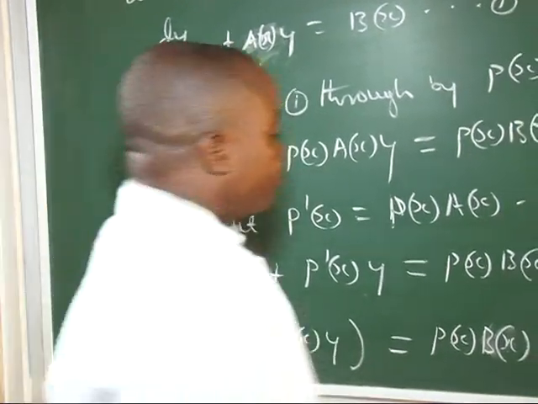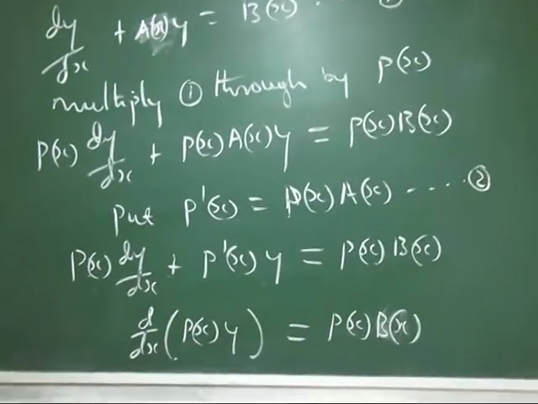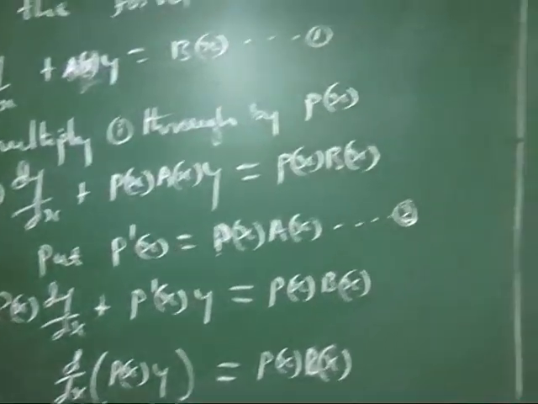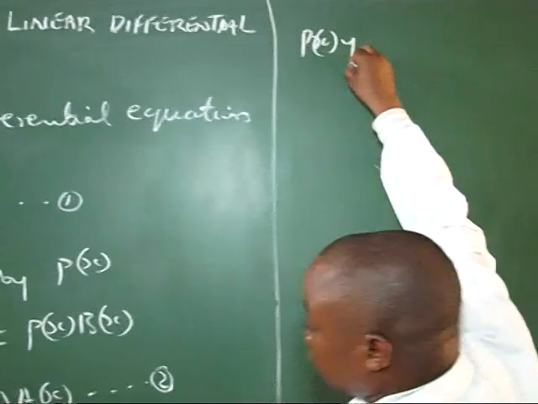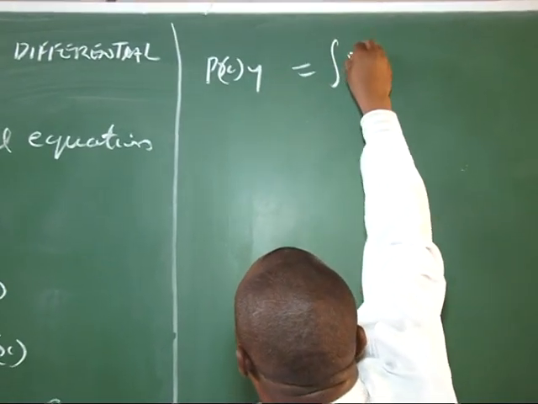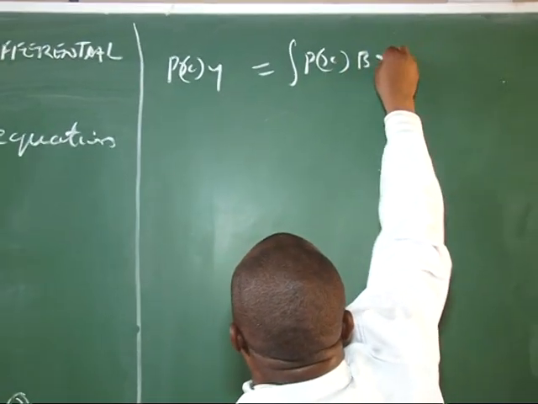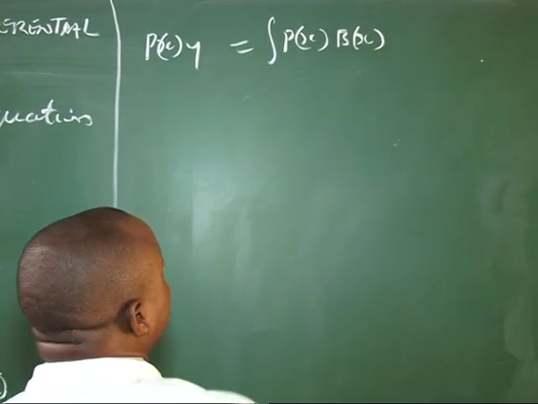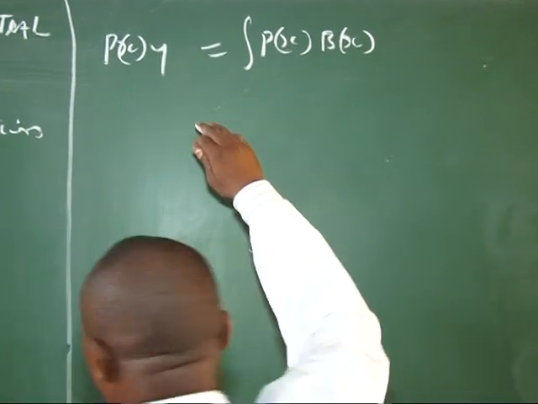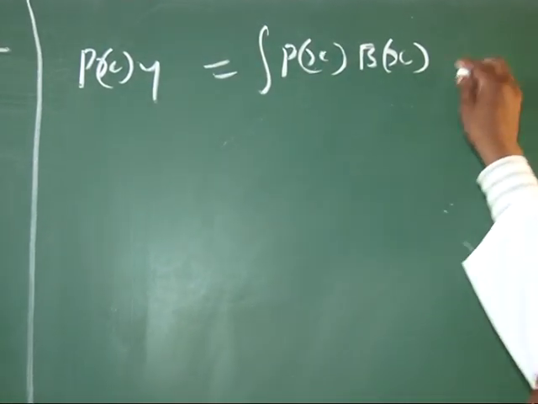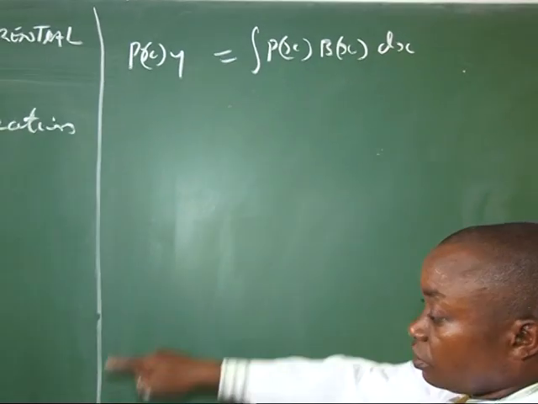Now, if I integrate both sides, I will have p of x y equal to the integral of p of x b of x dx, because I'm integrating with respect to x.